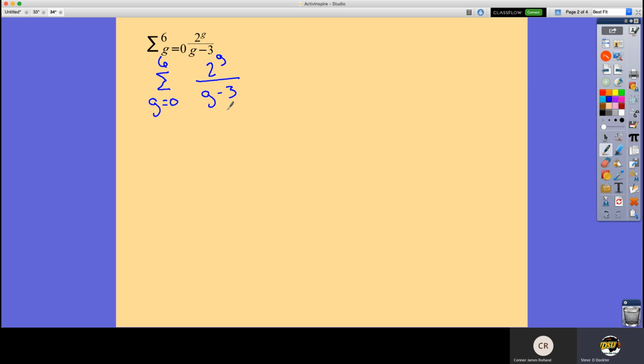It's okay. First of all, we're going to plug in a 0 here. So we get 2 to the 0 power over 0 minus 3. And then we're going to add to that 2 to the first power over 1 minus 3. And we're going to keep doing that until we get all the way to 6.